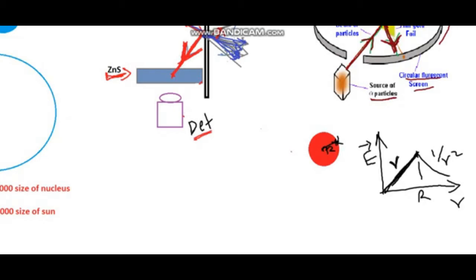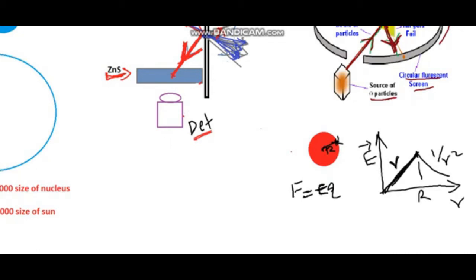If E is the electric field at the surface, then the force is F equal to Q into E, where Q is the charge of the alpha particle and E is the electric field produced by this spherical charge distribution. This force will be exerted on the alpha particles when they come close to this charge distribution.